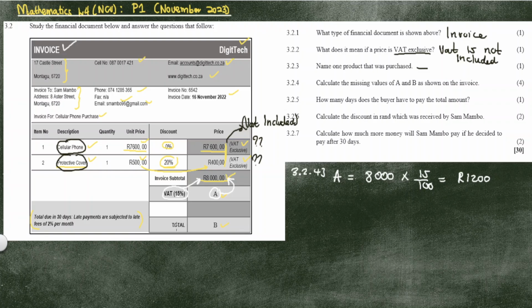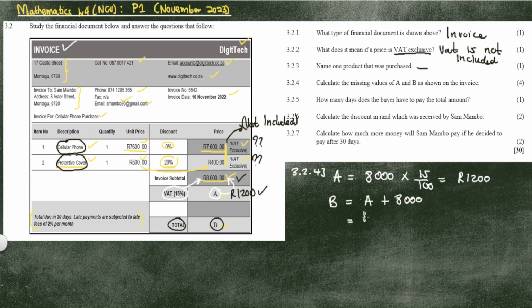And then B, it's the total. Okay. So we now know for A, this is 1,200. So it's this value plus this value. It gives us the total of B. So B is going to be the A value plus 8,000 rand.